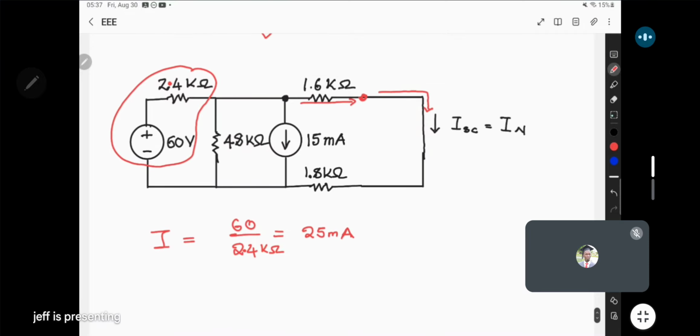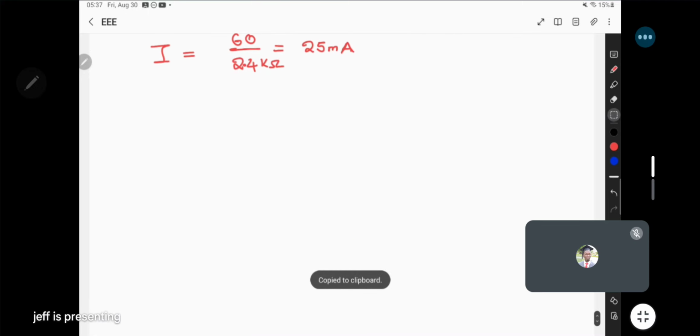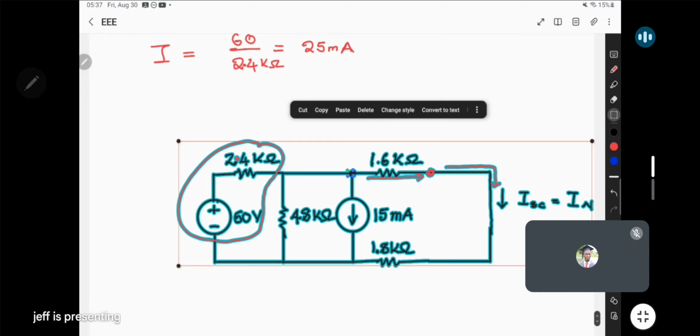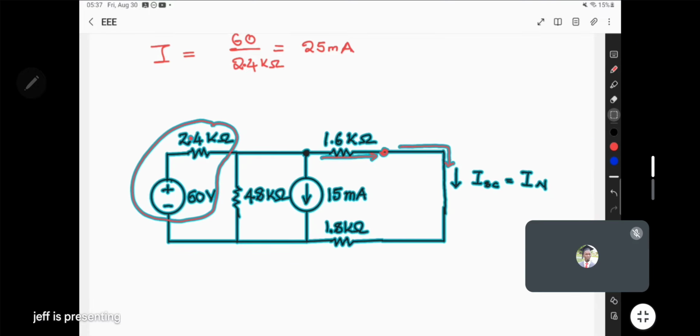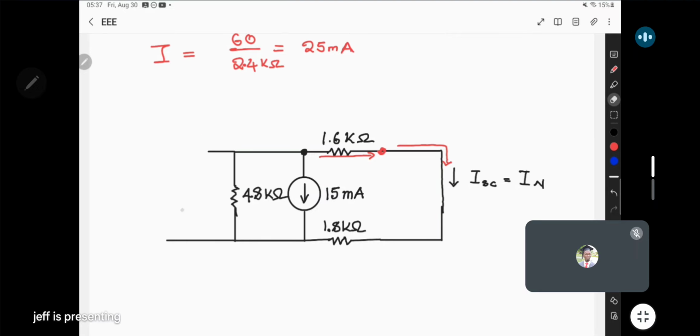So when the circuit is redrawn after source transforming, what changes? Notice that our I short circuit remains the same, but this part here changes so that now we have a resistor connected in parallel to a current source.